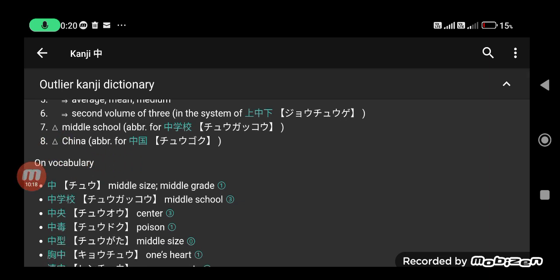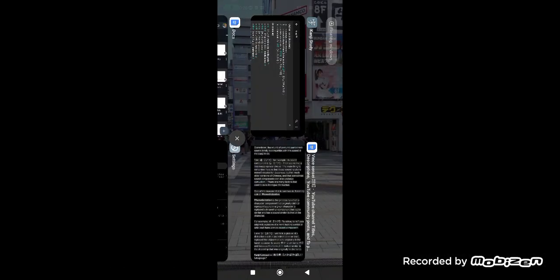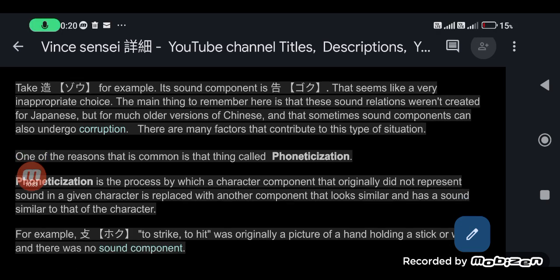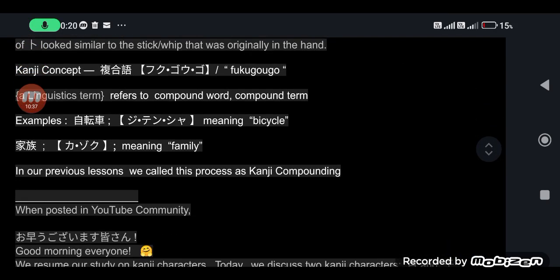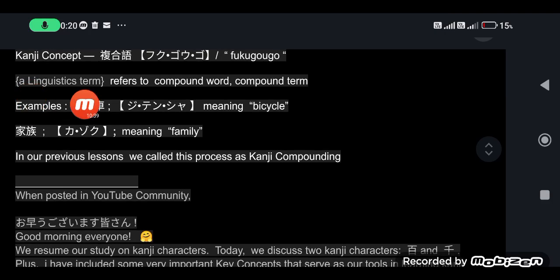Well, if anyone is still wondering what is fukugogo, I can also put that in the description box or in the comment section, but we can have a glimpse of it. Fukugogo is a kanji concept, that's kanji compounding.